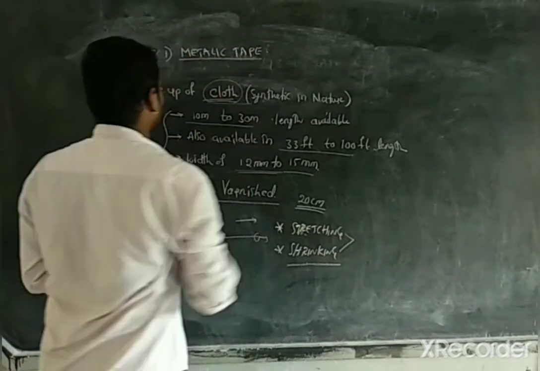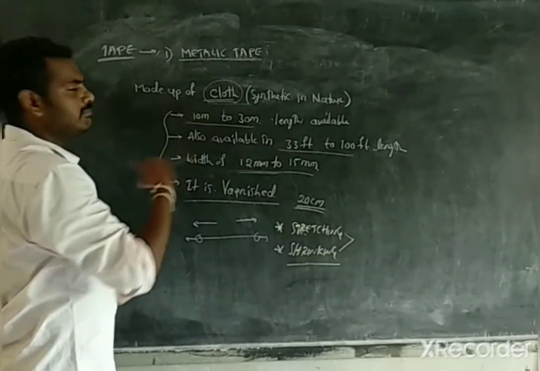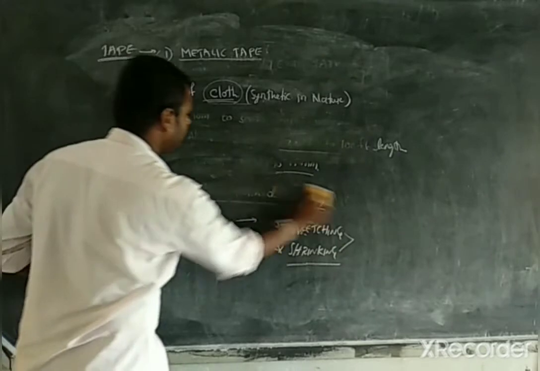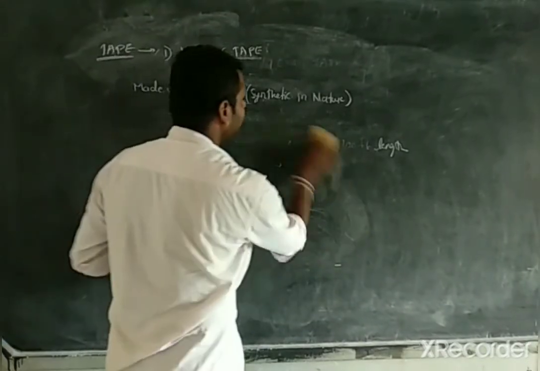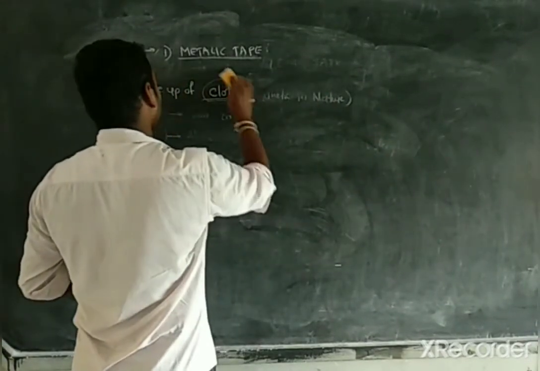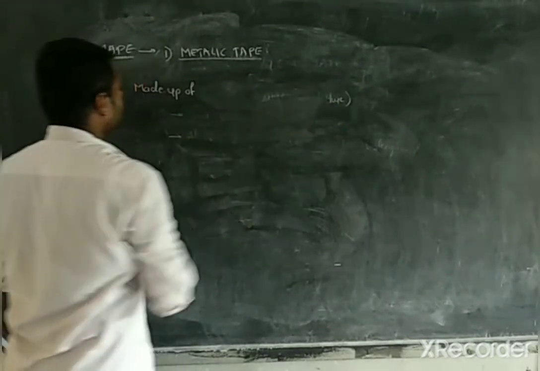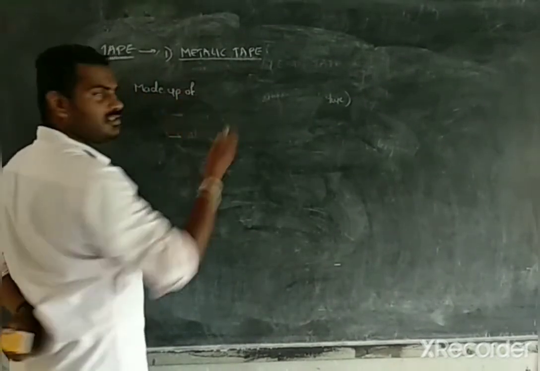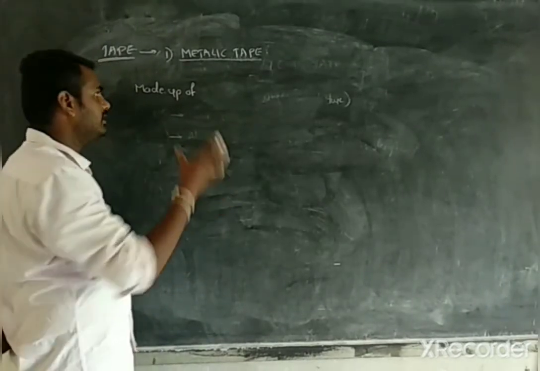So here, instead of using only cloth in the manufacture, manufacturers generally add some materials. Metallic tapes are manufactured with a combination of two or more different materials.